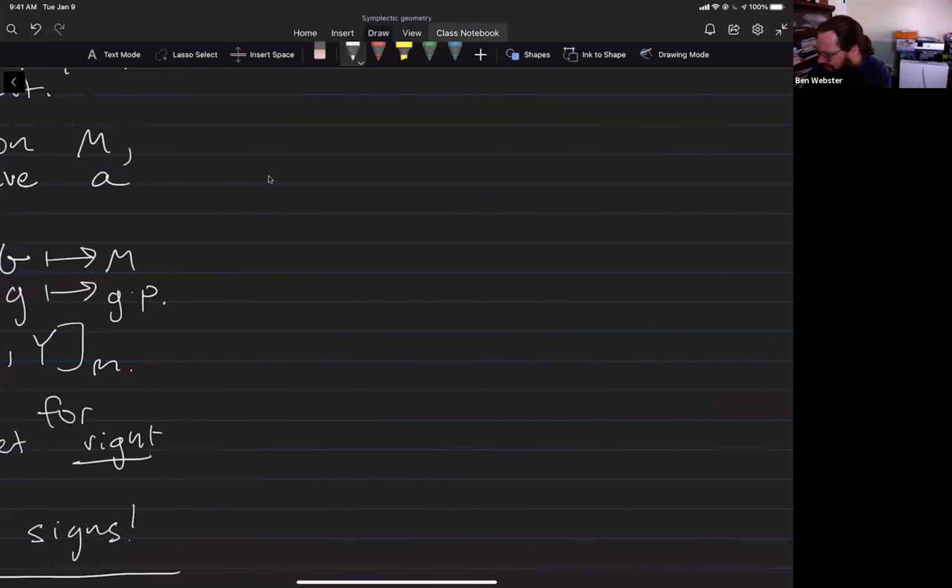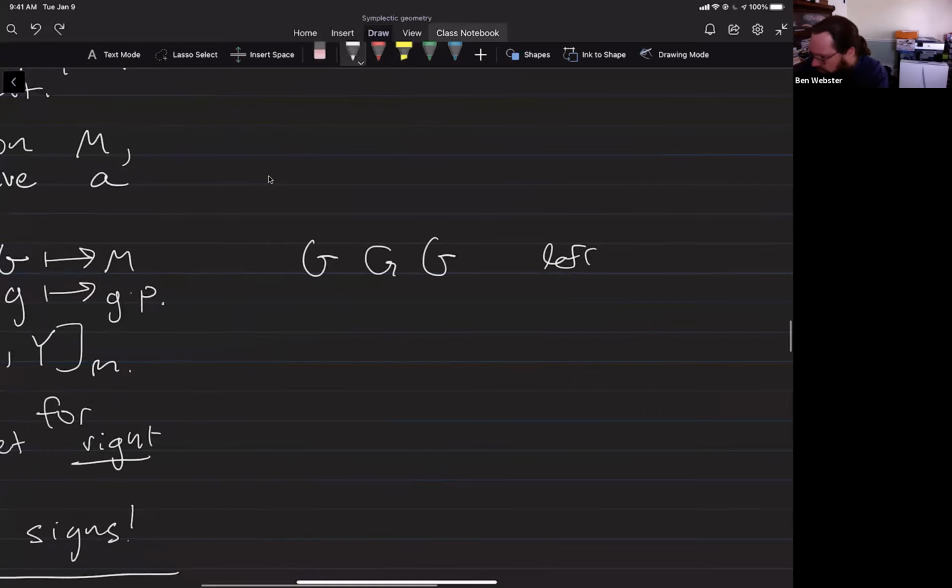The important thing to know here is, if I look at G acting on itself by left translation, then I can look at what this vector field is.